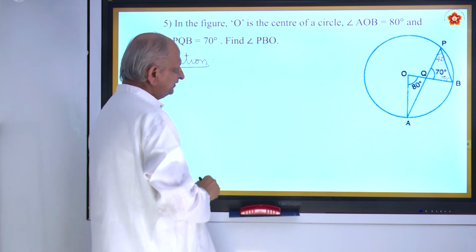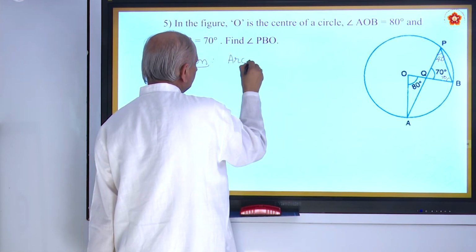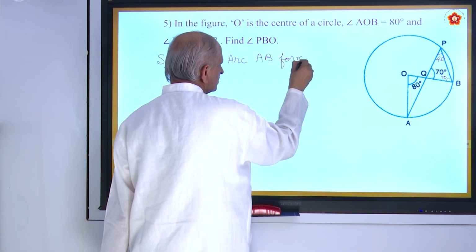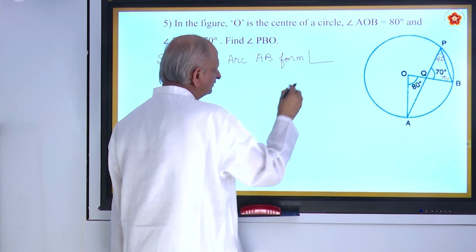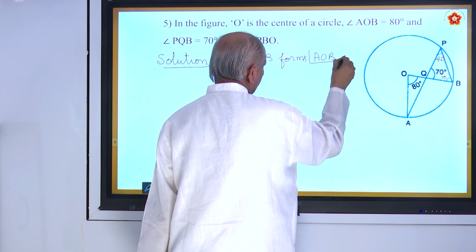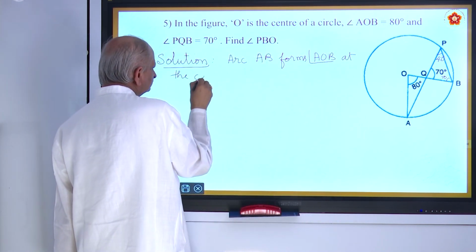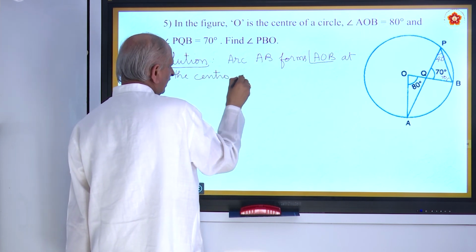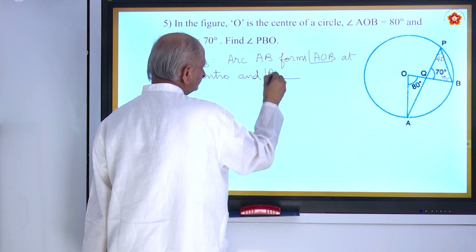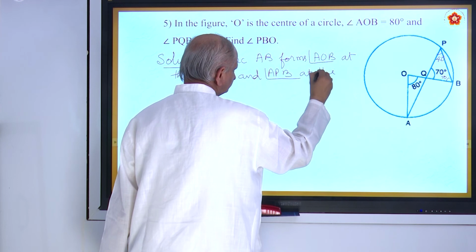So, first step: arc AB forms angle AOB at the center and angle APB at the circumference.